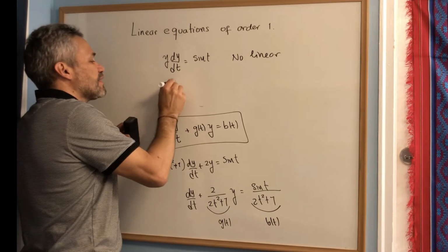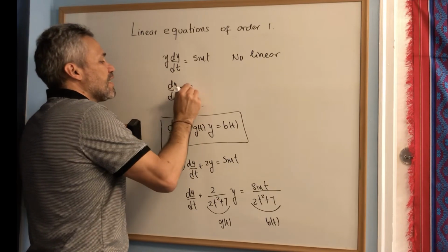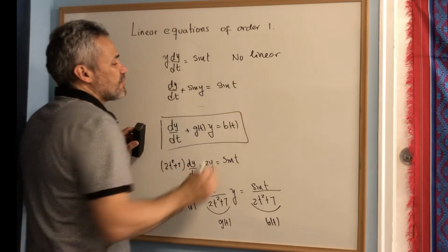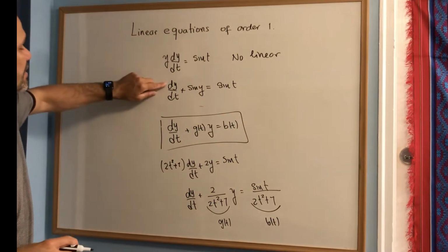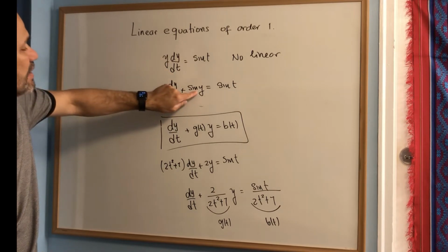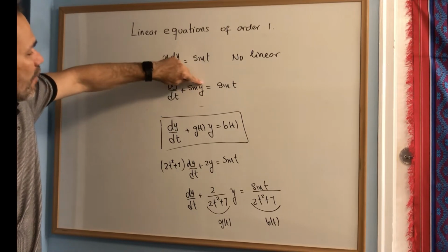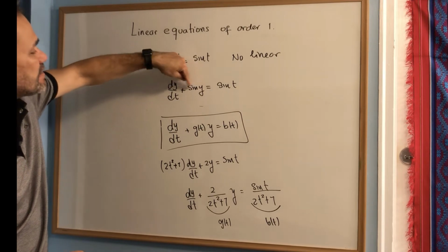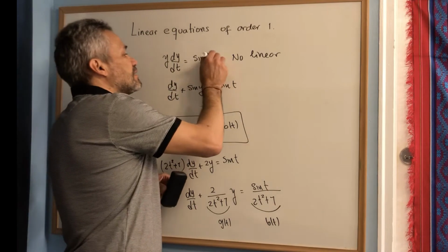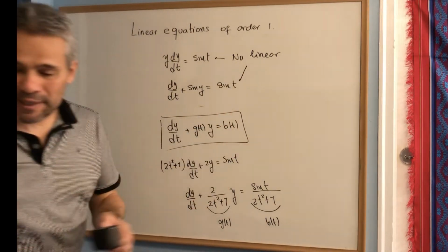Or if you have dy/dt plus sine of y equal to sine of t, is this linear? Let's see, the variable dy/dt is just raised to the power of 1, but here in sine of y, the variable y, which is an important variable, is not to the power of 1. There is a sine of y there. Then this is not linear either.